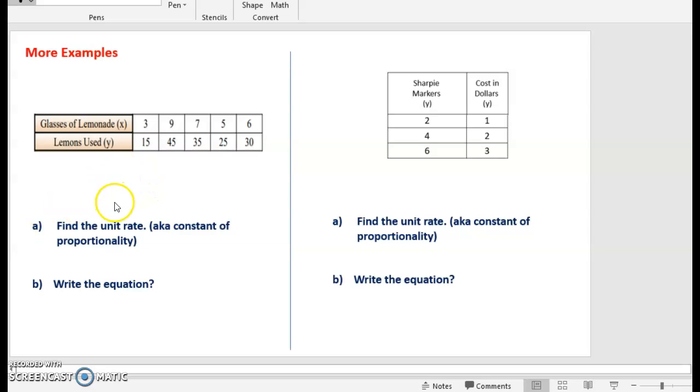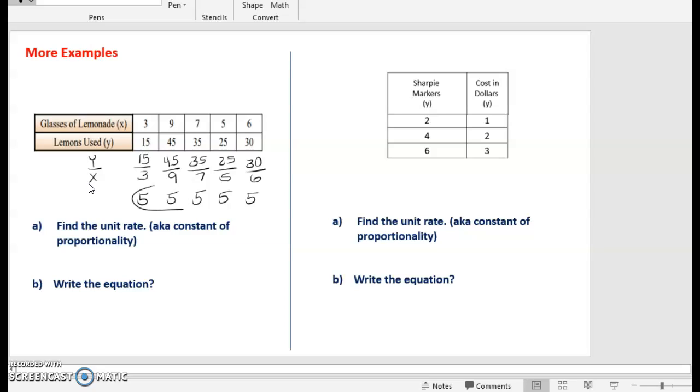Here we have two tables. So we're going to find the unit rate and write an equation. All right, so finding the unit rate from a table, we need our third row, y over x. Let's make all of these fractions. And then we're going to divide all of these, 15 divided by 3, 45 divided by 9, etc. Let's keep going.